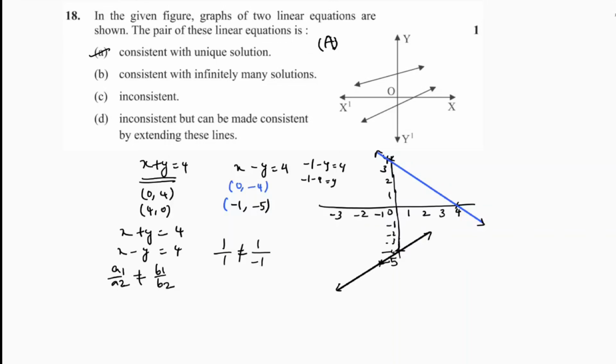If we stop like this, we'll still call the lines consistent, because if we extend them they will meet and we'll get the answer where they intersect. But the given question is already intersecting with one solution, consistent with one solution. So the correct option is A.